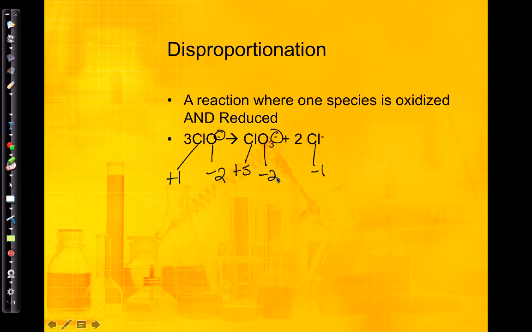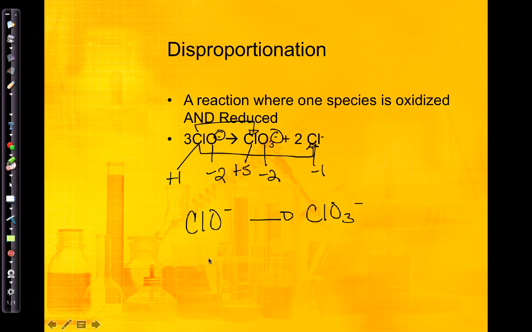Well, if I look, oxygen is fine, it stays the same. But here the chlorine went from a +5, and then it also went to a -1. So it went down and up at the same time. So ClO minus becomes this.